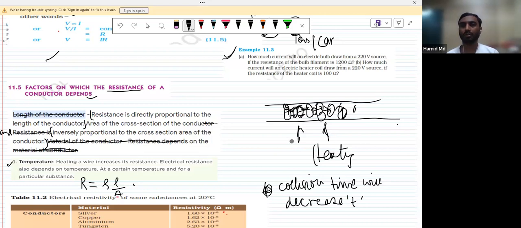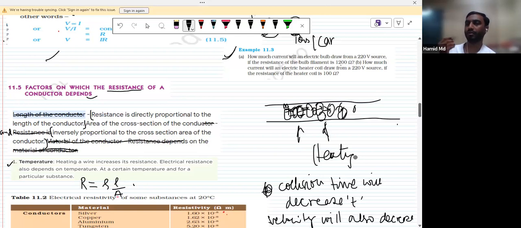There is a term called drift velocity, the velocity of electrons under the influence of a field or heating effect. The velocity will decrease. As the velocity of electrons decreases, the flow of current will decrease, so resistance will increase.